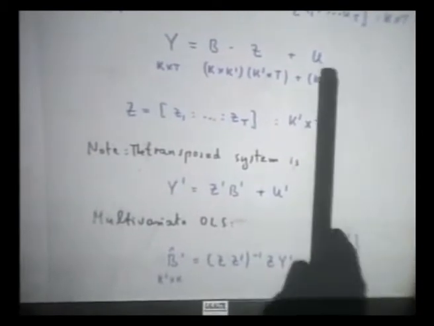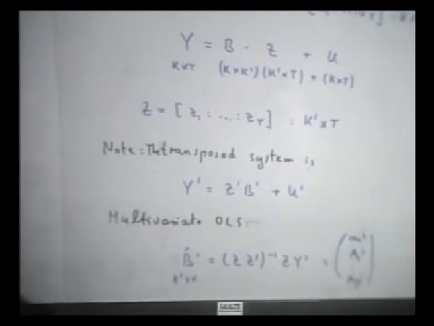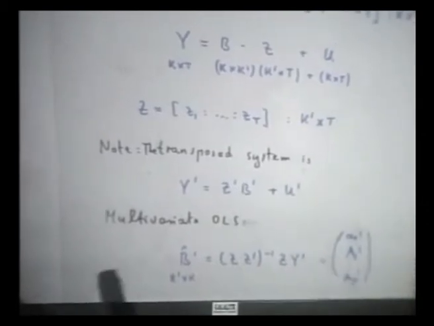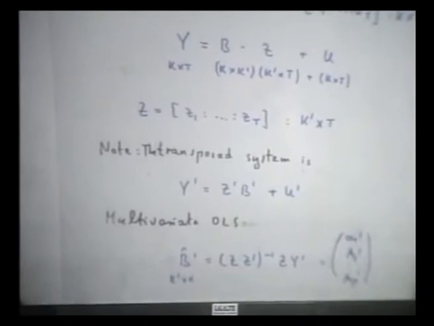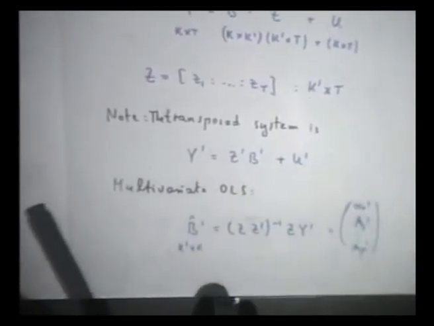Then you have B times C. B is the coefficient matrix of the vector autoregression, and C is the data matrix. The data matrix again follows a rather complicated setup, but still we are in this linear framework, where U is now a matrix error term and follows a multivariate normal distribution.